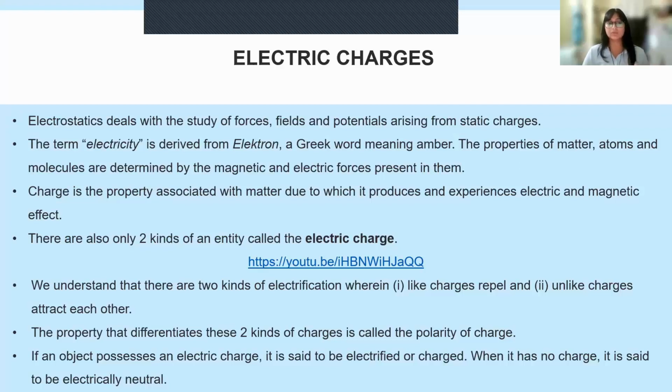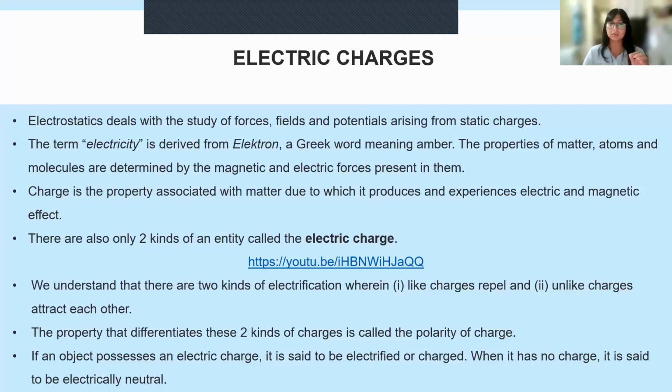So before we go into electricity, we will first try to understand the basic phenomena of electrostatics. Electrostatics deals with the study of forces, fields and potentials that arise from static charges. What are static charges?